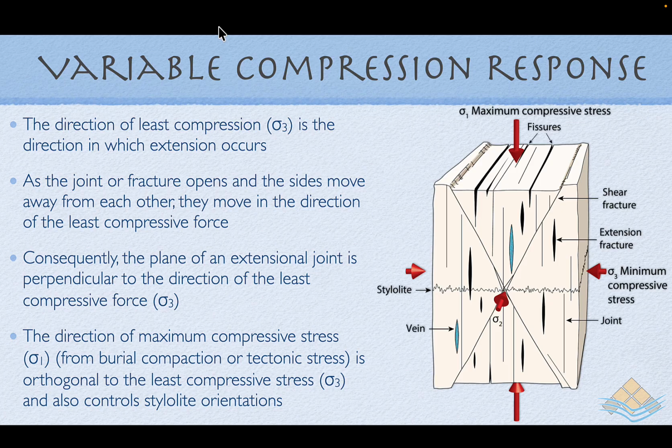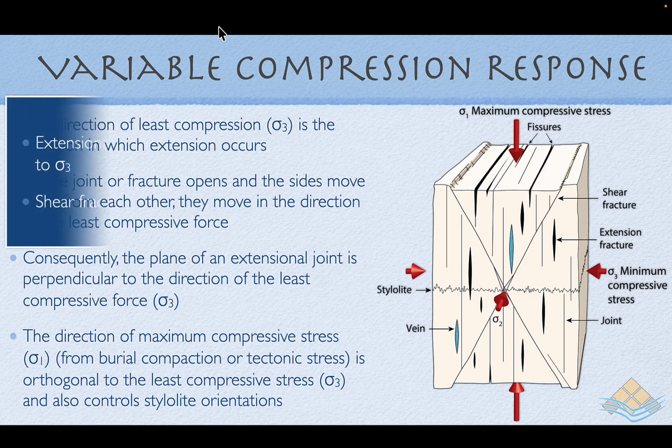The direction of an extensional joint or an extensional fracture is typically perpendicular to the direction of the least compressive force, sigma 3, while the direction of the maximum compressional force, sigma 1, induced from overburden stress, burial compaction, or if tectonic stresses are applied from the direction of maximum tectonic stress, will be orthogonal to the least compressive stress direction. In horizontally bedded strata, the least compressive stress direction will be parallel to the bedding. It's typically parallel to the direction of stylolites or pressure solution.